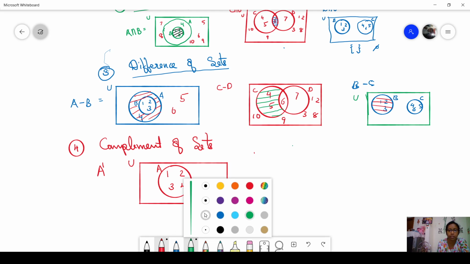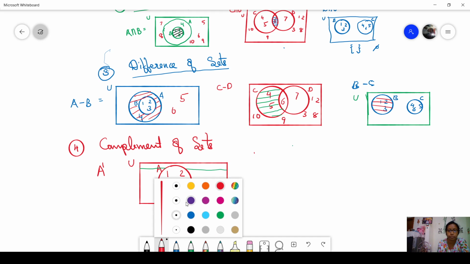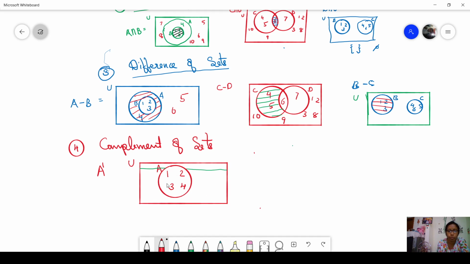I am going to shade the portions which are remaining. So before that we will write the elements. So the elements which are not in A are 5, 6, 7, 8, 9, 10.